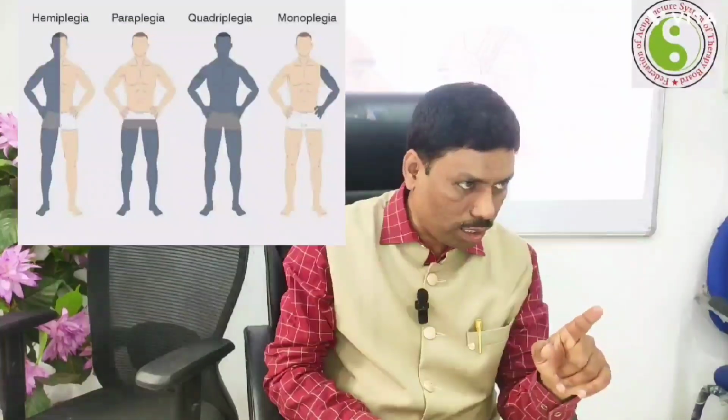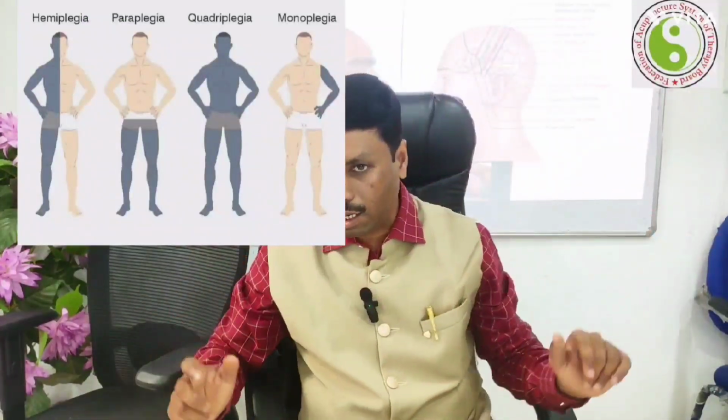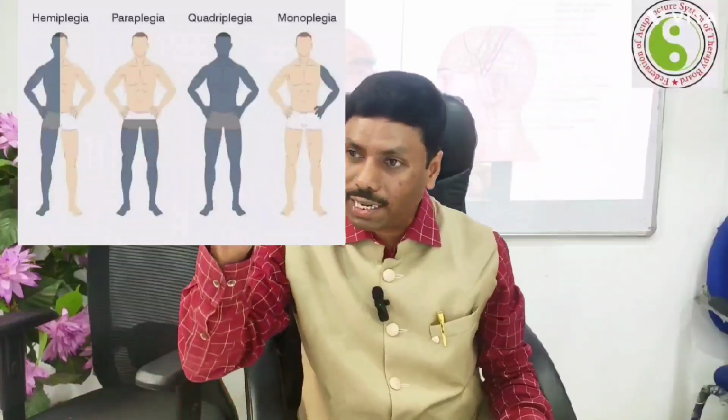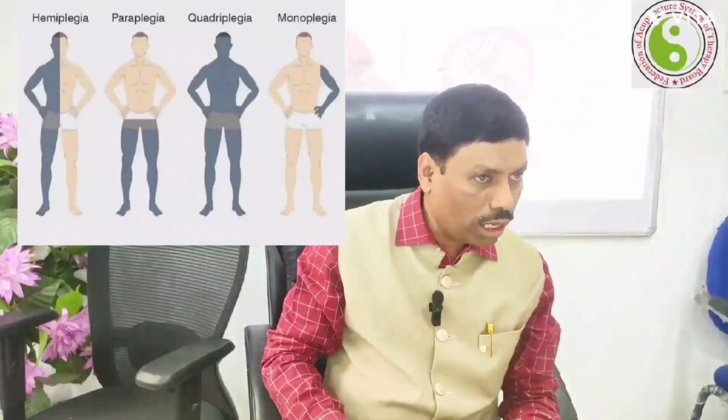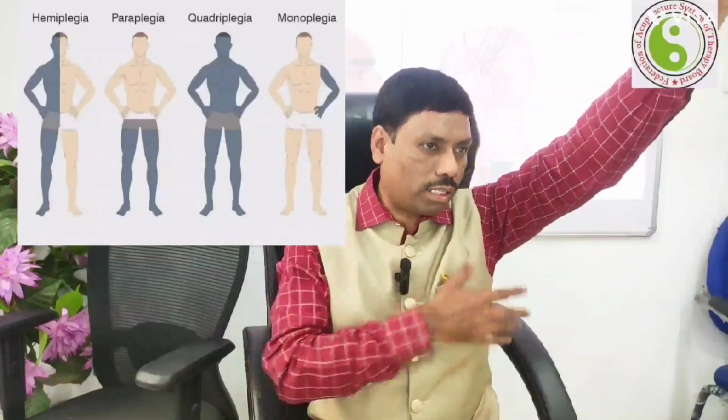Motor function means what problems can we treat? Hemiplegia, paraplegia. What is the difference? Hemiplegia means paralysis of one side, right? Monoplegia, paralysis of one part: upper limb, meaning one hand, or one leg paralysis is called monoplegia.